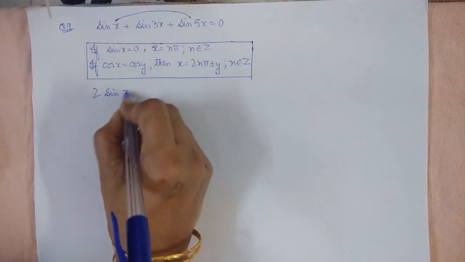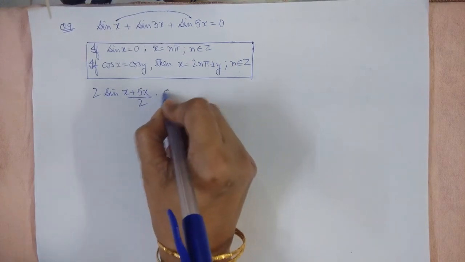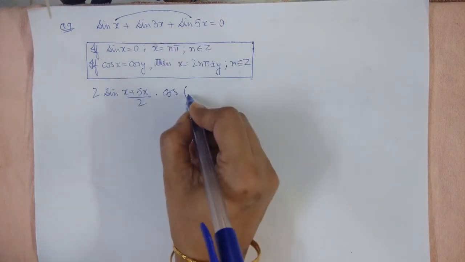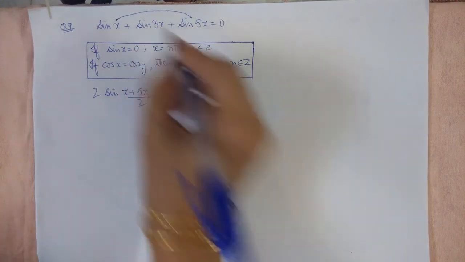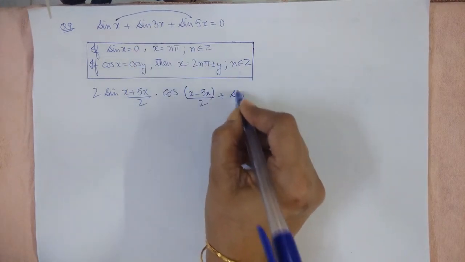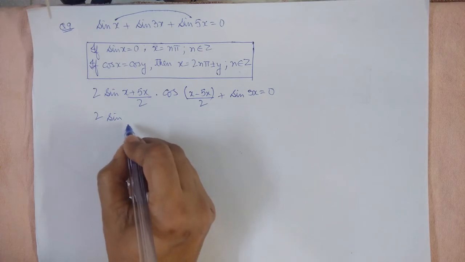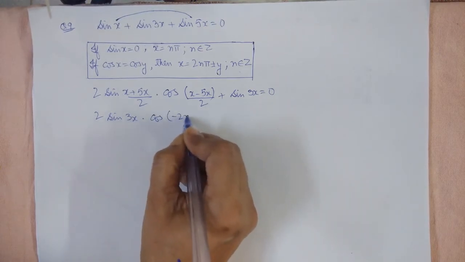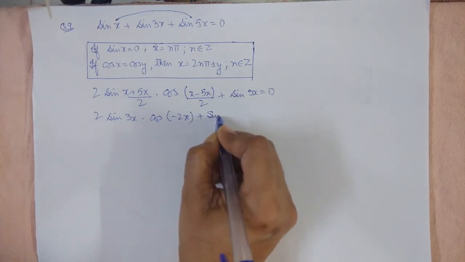So, it is x plus 5x upon 2 into cos of x minus 5x upon 2, and this plus sin 3x as it is. So, this is 2 sin 6x upon 2, meaning 3x, and cos of minus 4x upon 2, that is minus 2x, plus sin 3x.